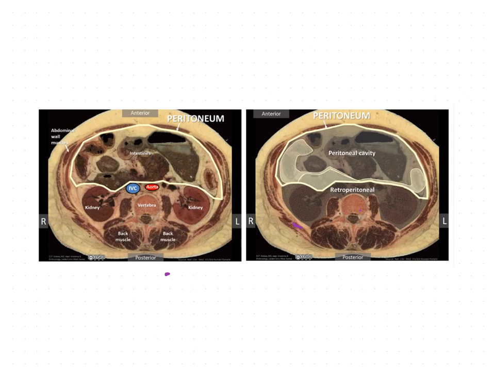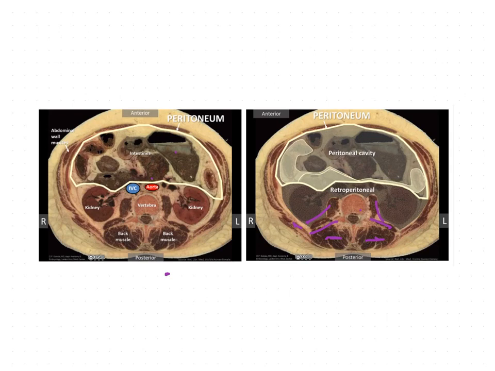You can find the lumbar vertebrae, the muscles and the fascia, the thoracolumbar fascia, and these are the deep back muscles. The yellow line indicates the peritoneum, and inside this peritoneum are the intraperitoneal organs.